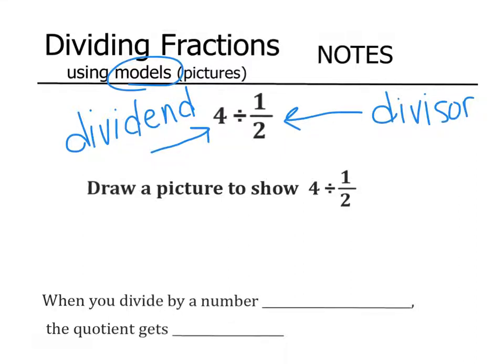If we have a problem like 4 divided by 1/2, we want to think about what that actually means. A lot of you might be thinking that 4 divided by 1/2 is equal to 2. But it's not. 4 divided by 2 is equal to 2, but dividing by 2 and dividing by 1/2 are not the same. 4 divided by 1/2 would actually mean how many halves can we get out of 4?